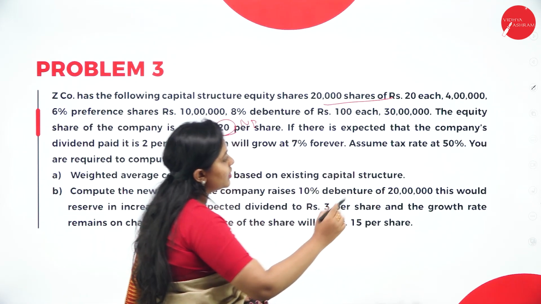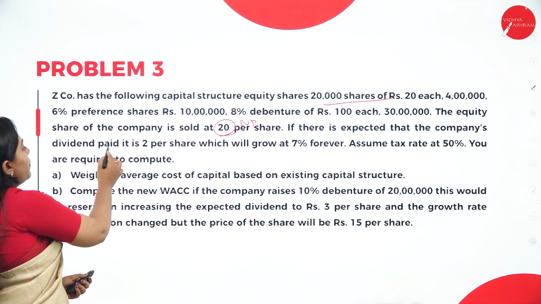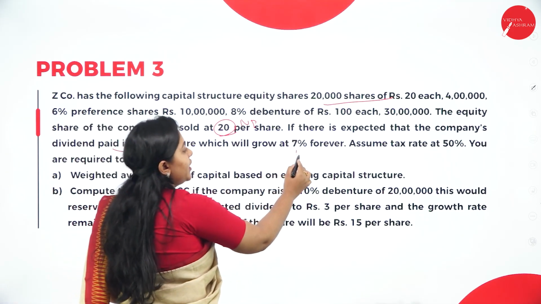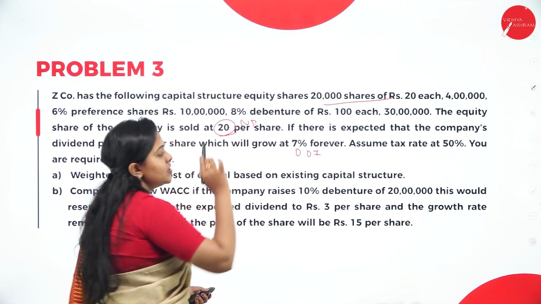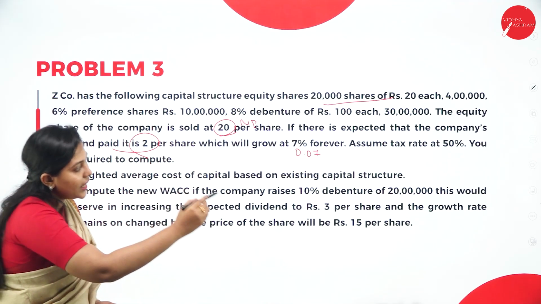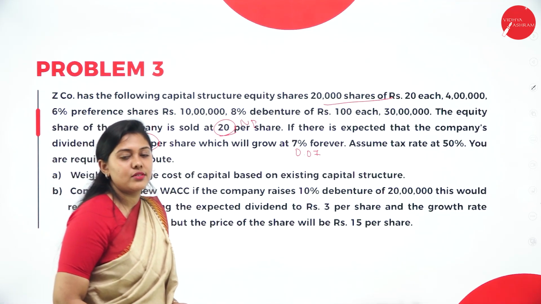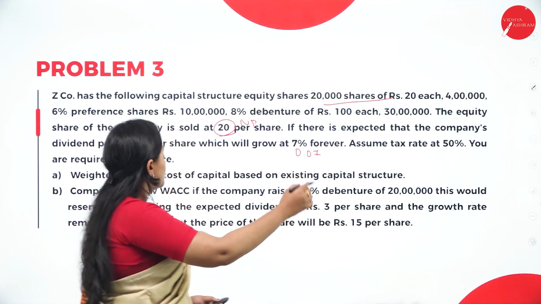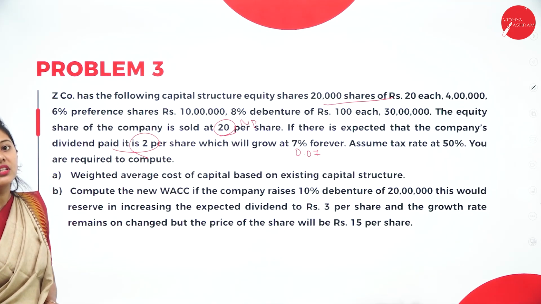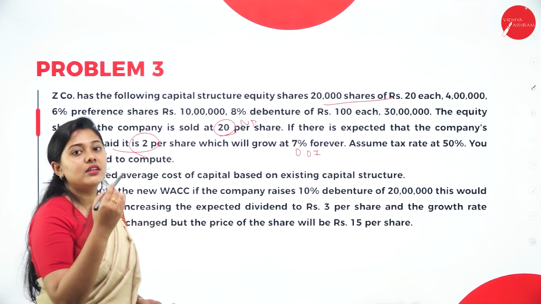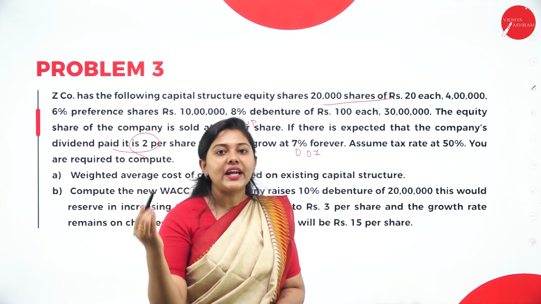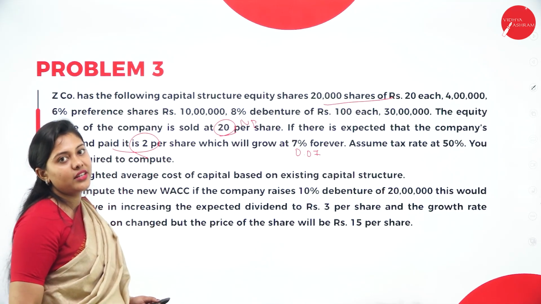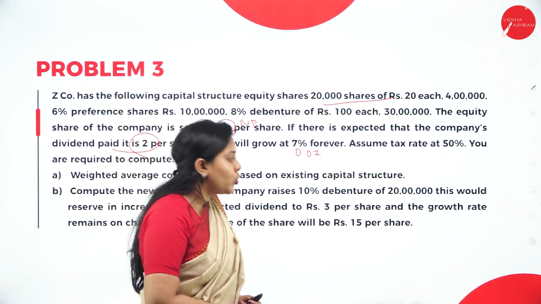It is expected that the company pays a dividend of 2 rupees per share, and the growth rate is 0.07, that is 7%, and the tax rate is 50%, which is 0.50 in decimal. You are required to compute the existing capital structure WACC, and also the new WACC, because they have raised 10% debenture of rupees 20 lakhs.